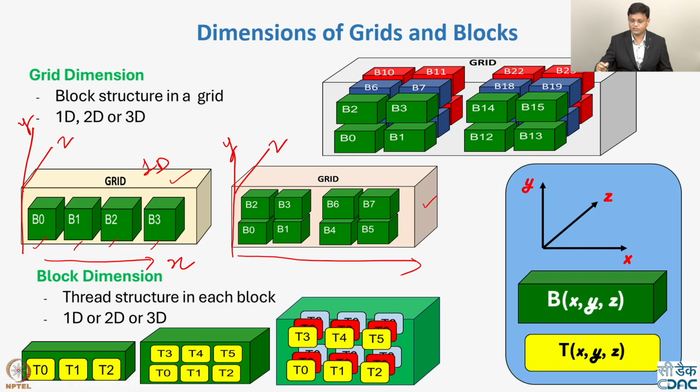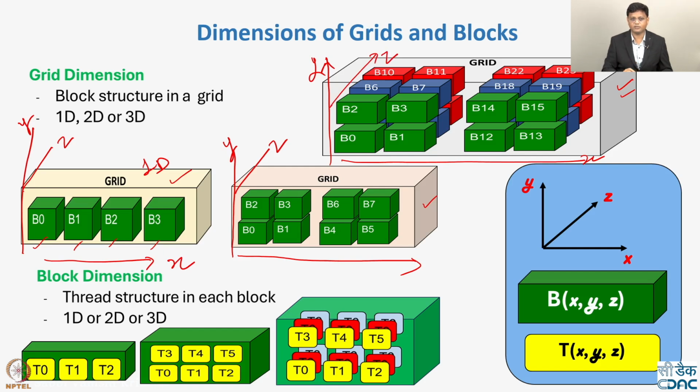Now, look at this figure. Here you can see that blocks are arranged in 3 dimensions. This is the x direction, blocks are arranged in y direction, and then the blocks are arranged in z direction.